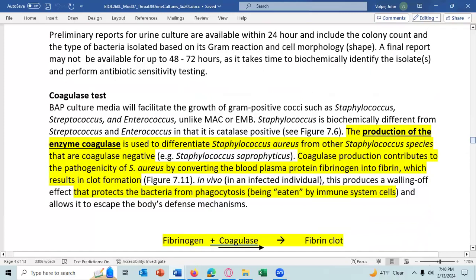We can test for coagulase. This is looking for the enzyme coagulase. This enzyme is used to differentiate Staphylococcus aureus from other members of the staphylococcal family. Staphylococcus aureus is coagulase positive. Other members of the Staphylococcus family are coagulase negative.